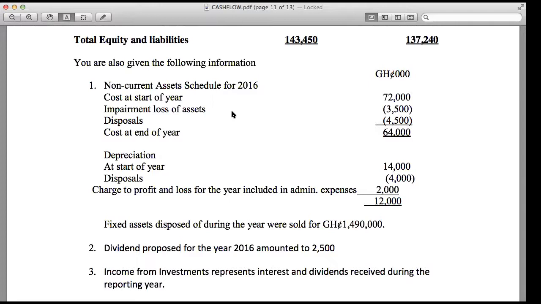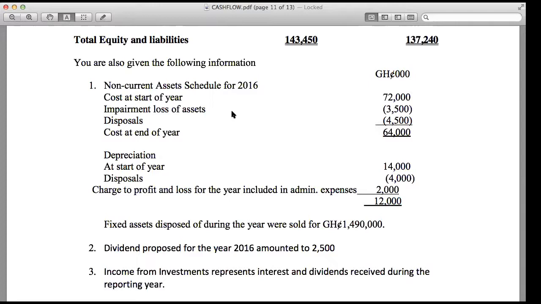Impairment loss, 3,500. Impairment, depreciation, amortization, written down. Probably they're in the same ship. So how you treat depreciation, that's the same way we treat impairment.